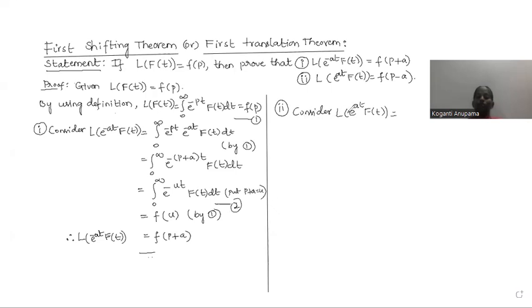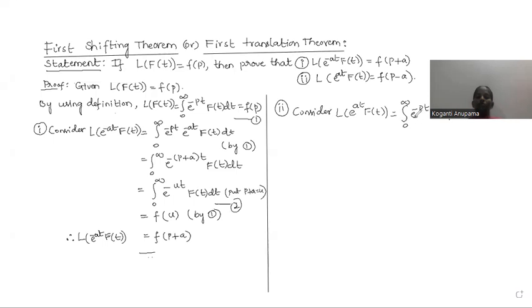Now, in the second part, we have L of e power at f of t. So, in place of f of t, we have e power at f of t. So, on the right side of equation 1, you just replace f of t with e power at f of t. Then it becomes the integral from 0 to infinity of e power minus pt into e to the power at f of t dt.